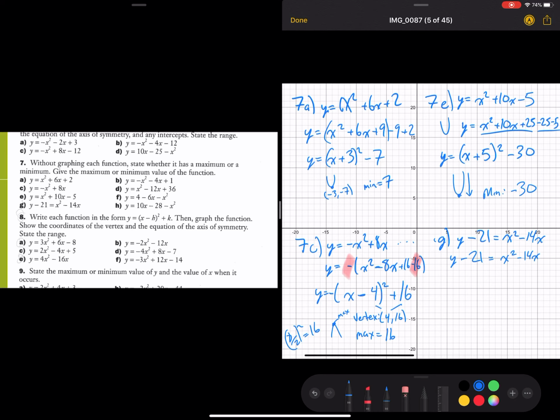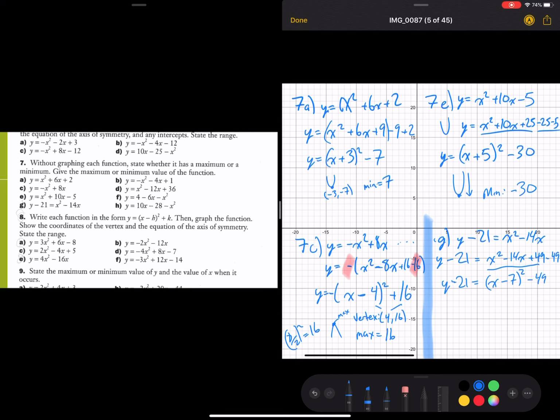What do we have to add and subtract to this? Divide by 2 and square. Plus 49 minus 49. So what does that become? Y minus 21 equals x minus 7 squared minus 49.